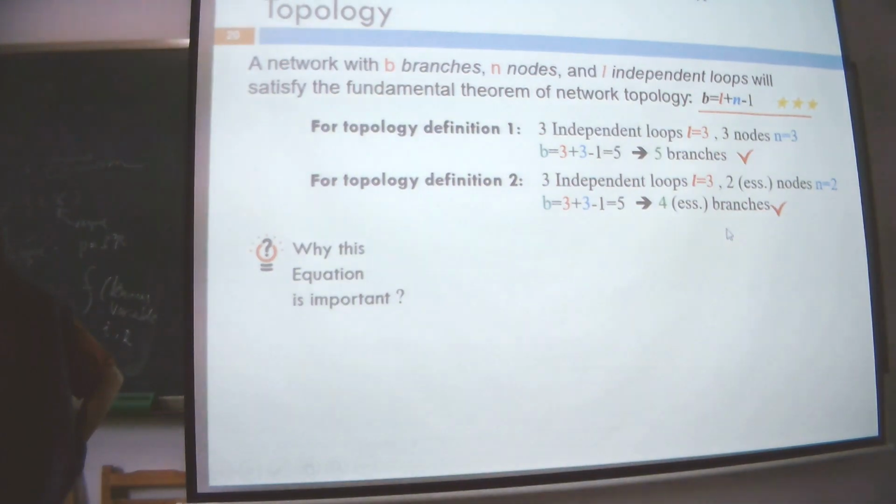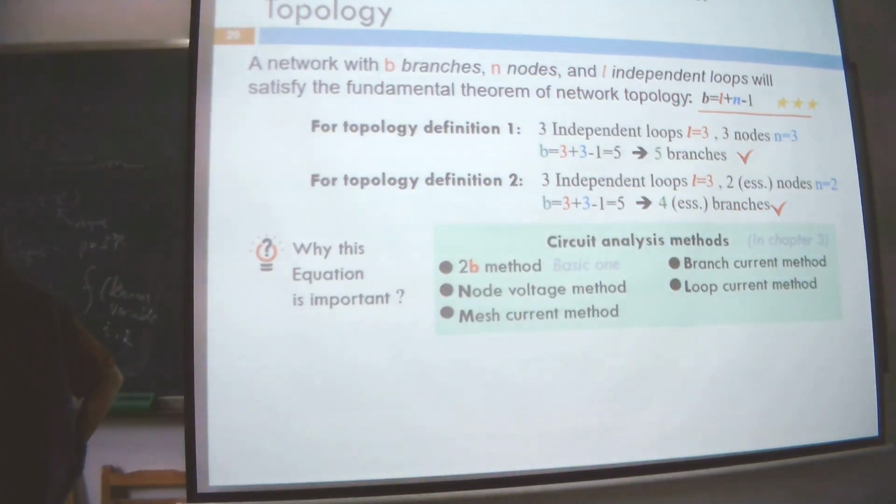So why is this equation important? Well, we will talk about circuit analysis methods in the next chapter. We have the 2B method, which is a very basic one. This means we have 2 times B equations in our circuit analysis model.